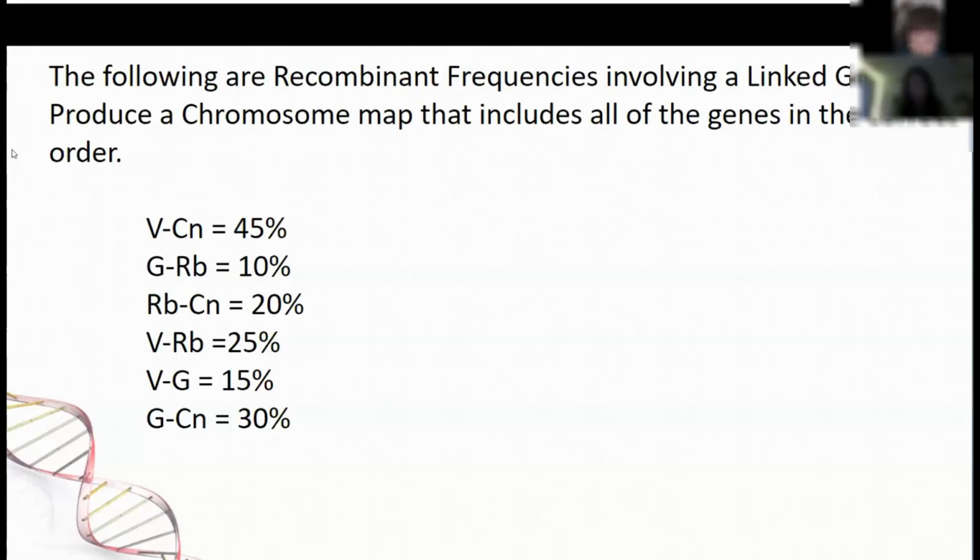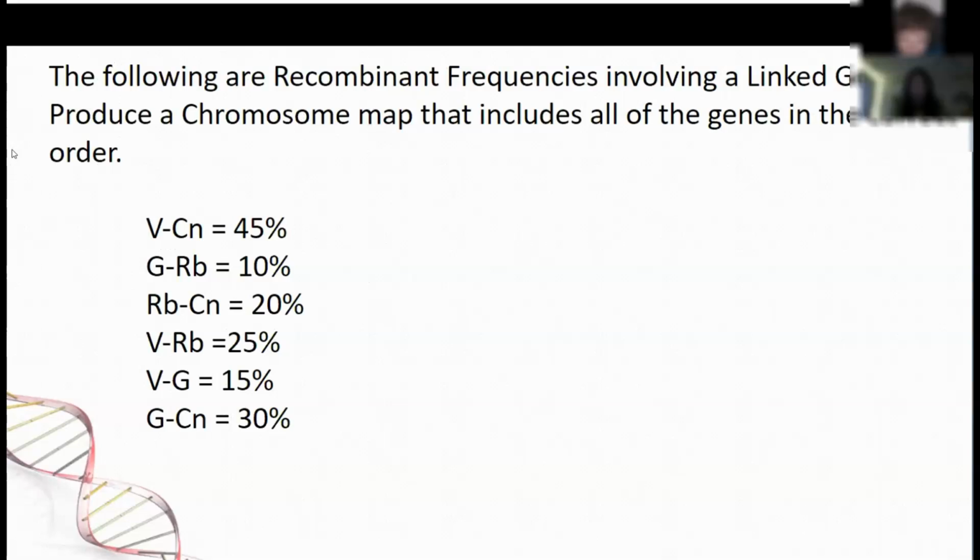So if you started with your bookends, you place V and CN 45 apart. Okay, and then G was 15. Again, I divided it into thirds to help me identify where things are. So G was 15 from V, and it was 30 from CN, correct?